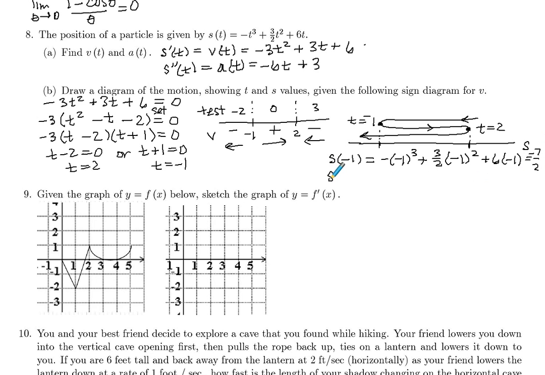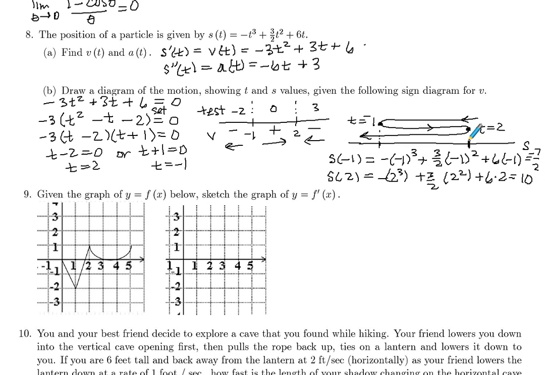And then do the same thing, plugging in 2. So this is going to be negative of 2 cubed, like that. And then plus 3 halves times 2 squared. And then plus 6 times 2. And if you do the calculator work there, you get 10.